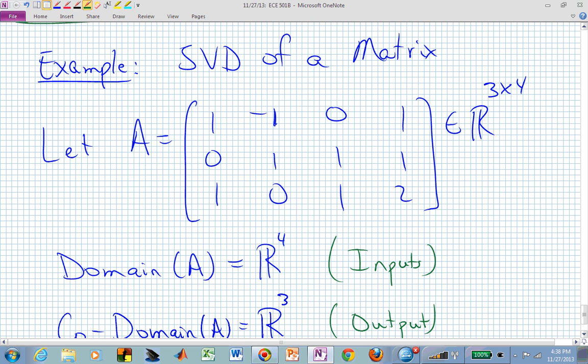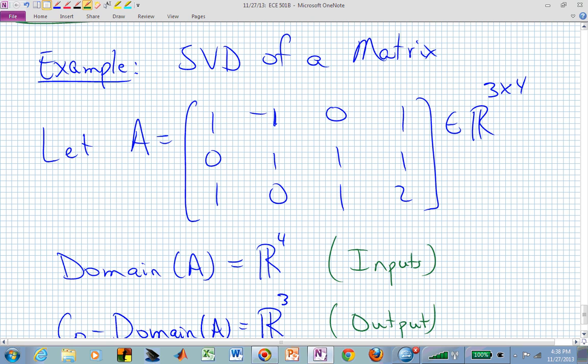And you can kind of see that, just add the first 2 and you get the third column. And then if you add the third column to the first column, you'll get the fourth column. So these are just linear combinations of the first 2 columns. So this matrix has a rank of 2.